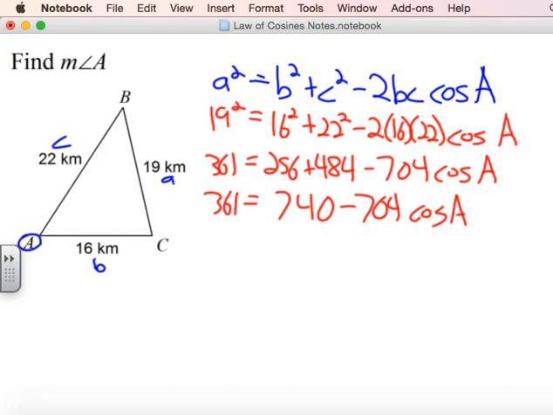So notice 704 is multiplying cosine of A, so we're going to have to get rid of the 740. Well, it's a positive 740, so we need to subtract it from both sides.